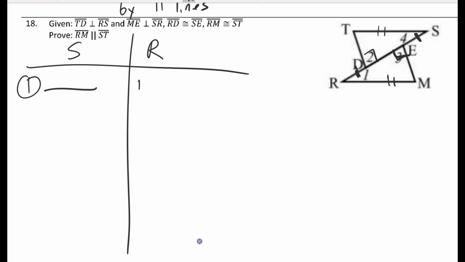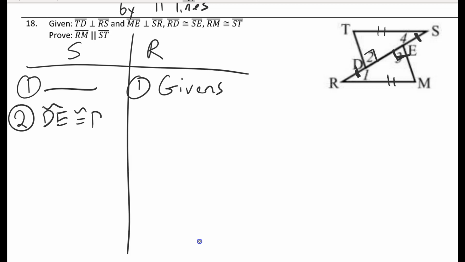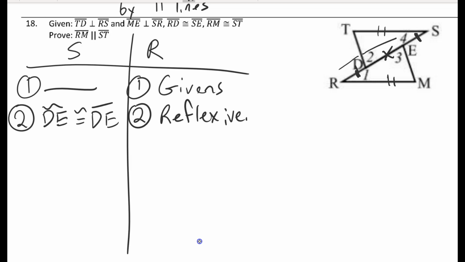So for number 1, I've got those good old givens. For number 2, I'm going to state that DE is congruent to DE by the reflexive property. The reason I'm doing that again is because I noticed they gave me RD and ES, not full side lengths, but if I have that DE in the middle there, I can make an argument that RD plus DE is the same as ES plus DE.